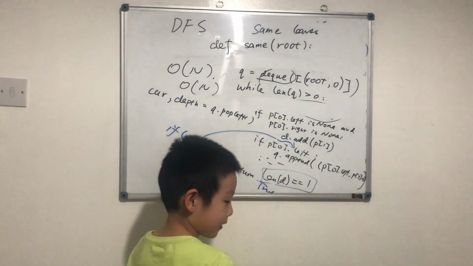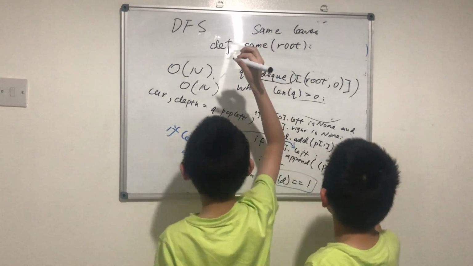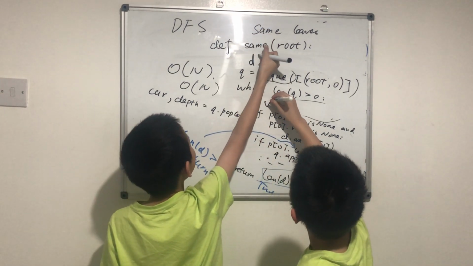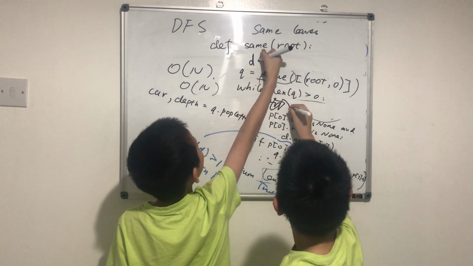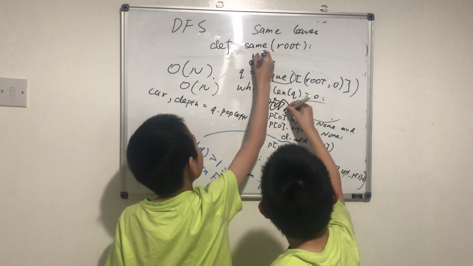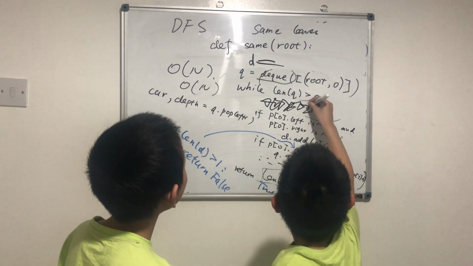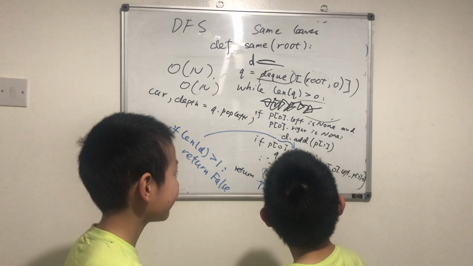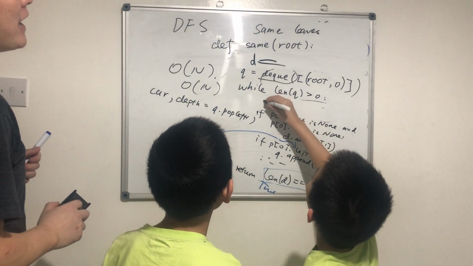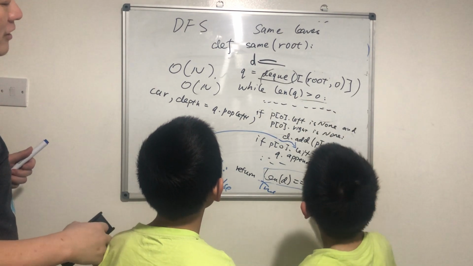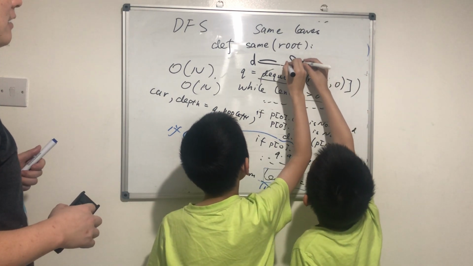Here, D. What's the data structure? Set. Yeah. Okay, Eric, you have it. D equals set. Okay, well done.